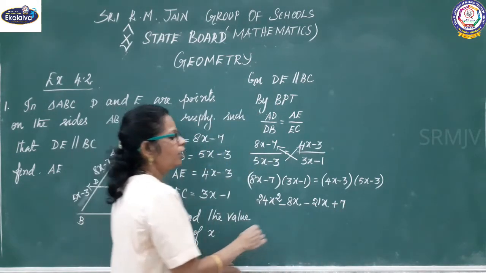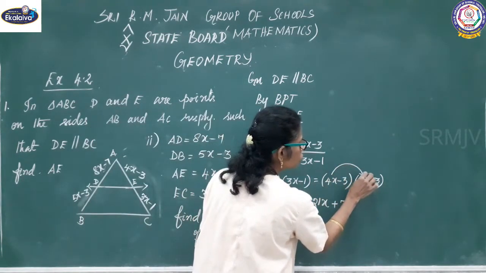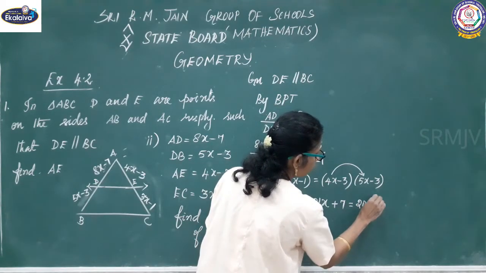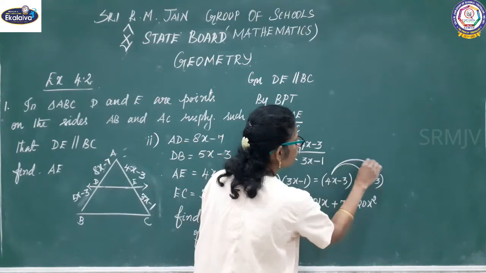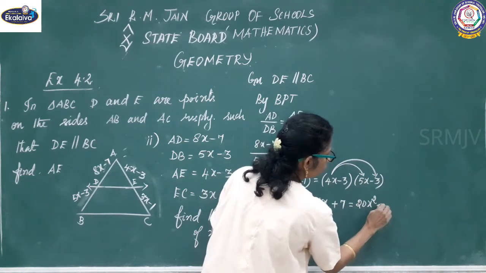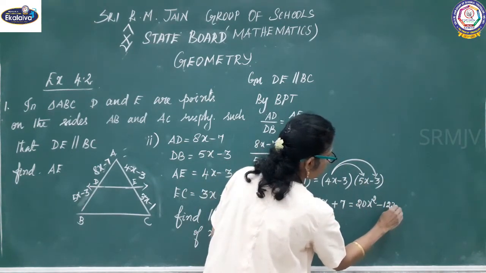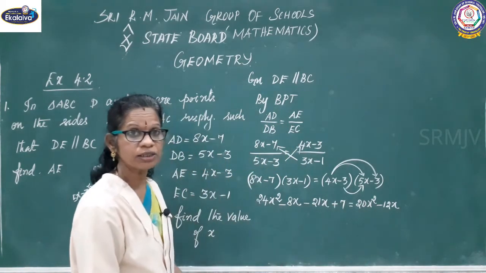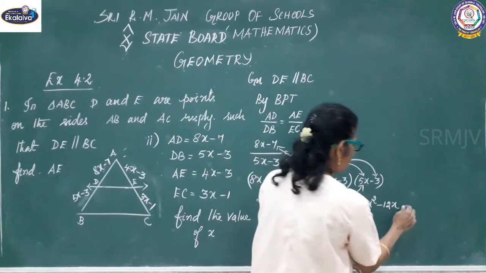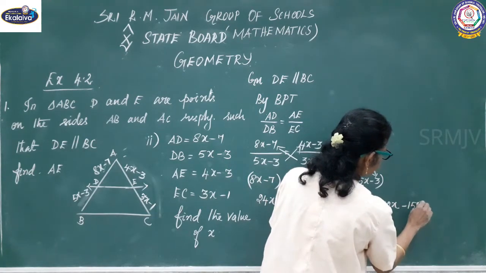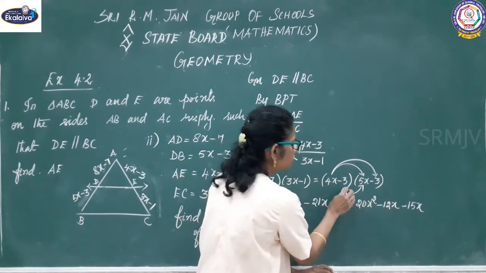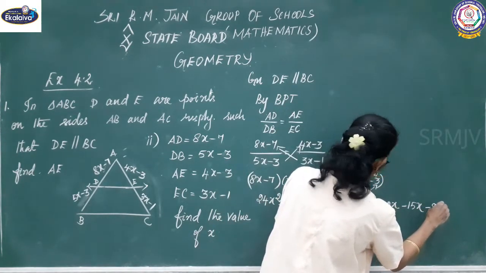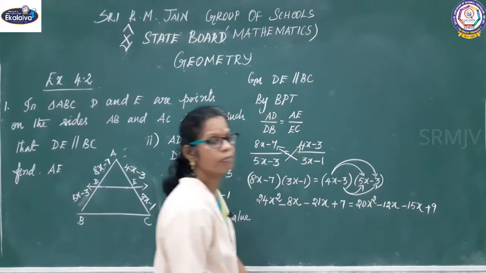Got it, children? Now, 4x into 5x, 20x square, 4x into minus 3, minus 12x, minus 3 into 5x, minus 15x, minus 3 into minus 3 plus 9.